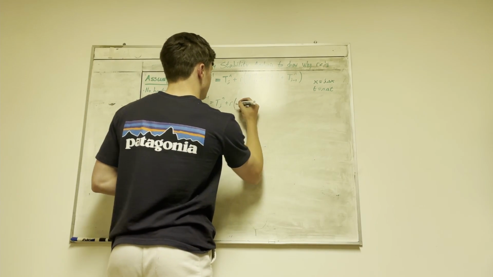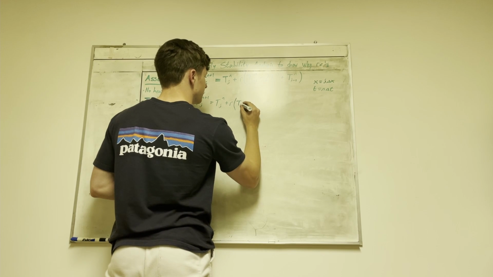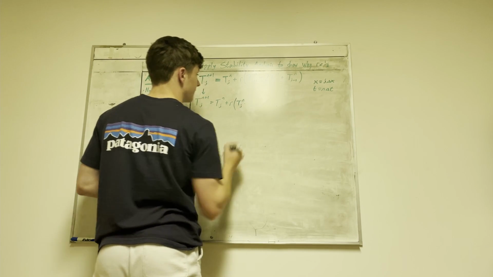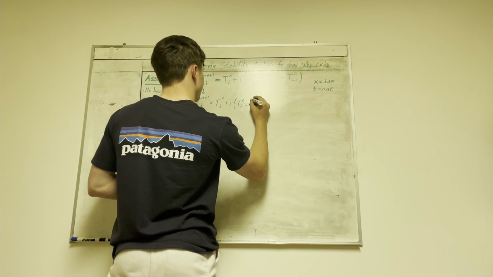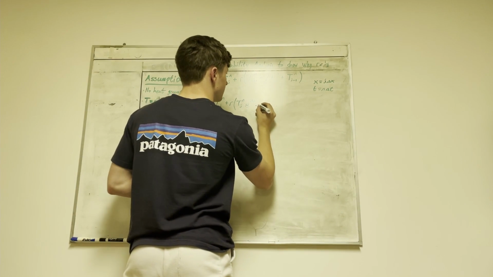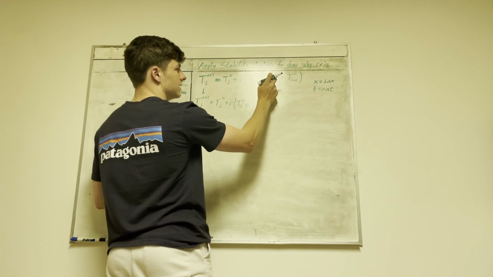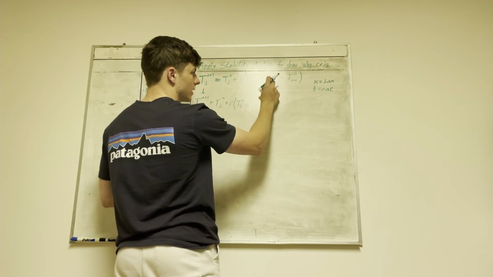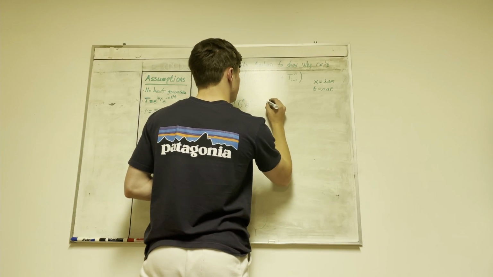So we're basically going to be taking T at position j, n, times e to the ik delta x, minus, and then this stays the same because we want to keep it with respect to the temperature at the specified time and position that we were talking about earlier.